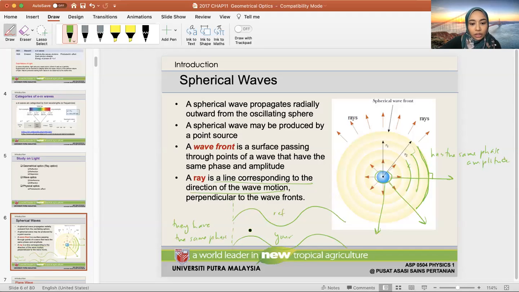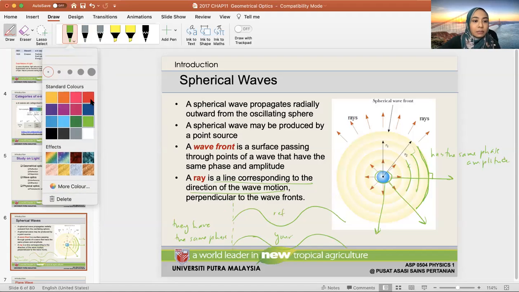If your wave starts at a later time, by 1 lambda or half lambda, it doesn't matter. As long as you start earlier or later than the reference wave, it means that you have different phases. If you start together, you have the same phase. If you don't start together, you have a different phase.